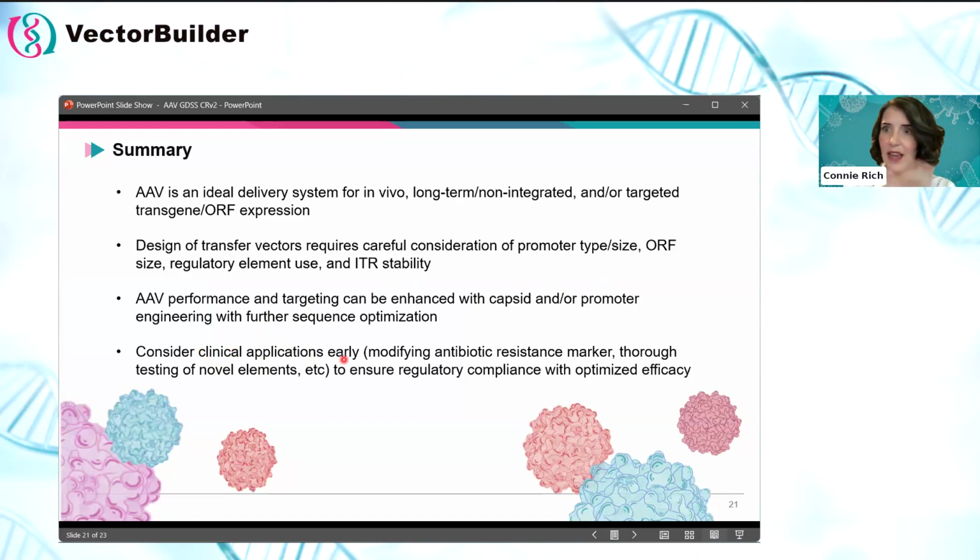Too often, we at Vector Builders see people coming in looking for clinical manufacturing of vectors that have not been fully optimized. And any changes that you make for, let's say, safety or manufacturing are going to potentially affect your efficacy. So these are things to consider early to basically save yourself the headache in terms of time and money later on.